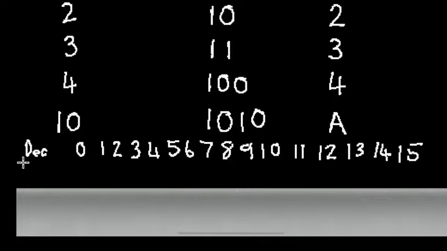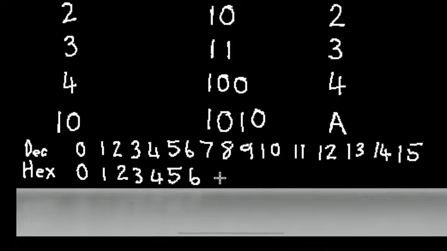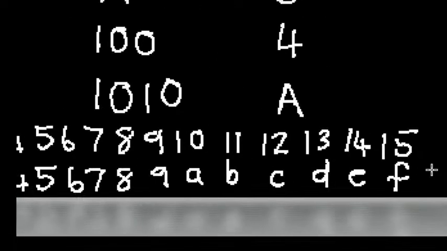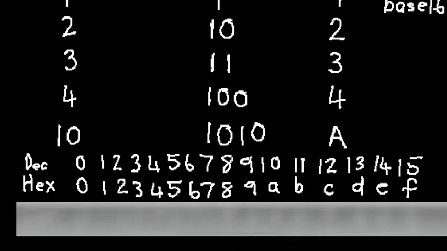In a hexadecimal, everything stays the same in terms of representing numbers. However, when we get to 10, we now start using letters. So we go A, B, C, D, E, F. And these letters can be uppercase or lowercase. It actually doesn't affect the coding or anything like that.